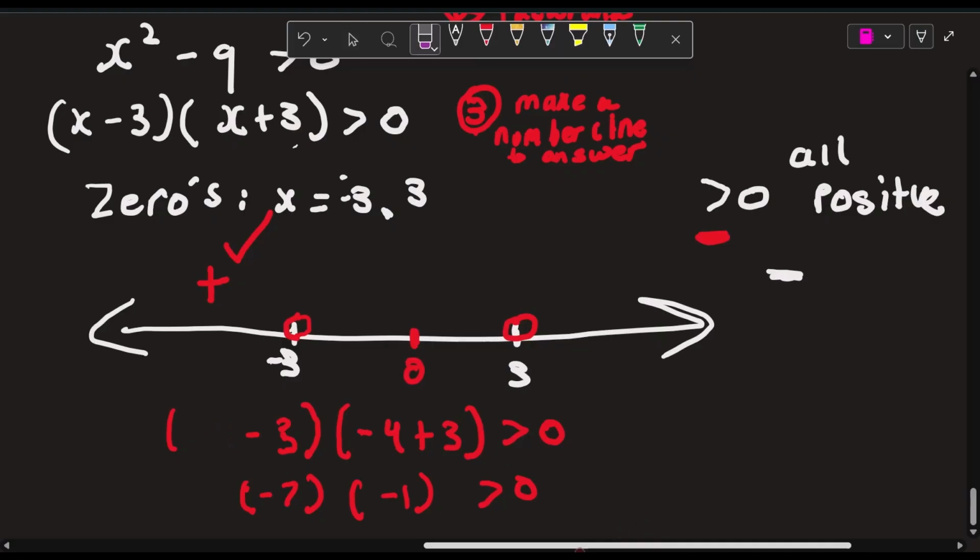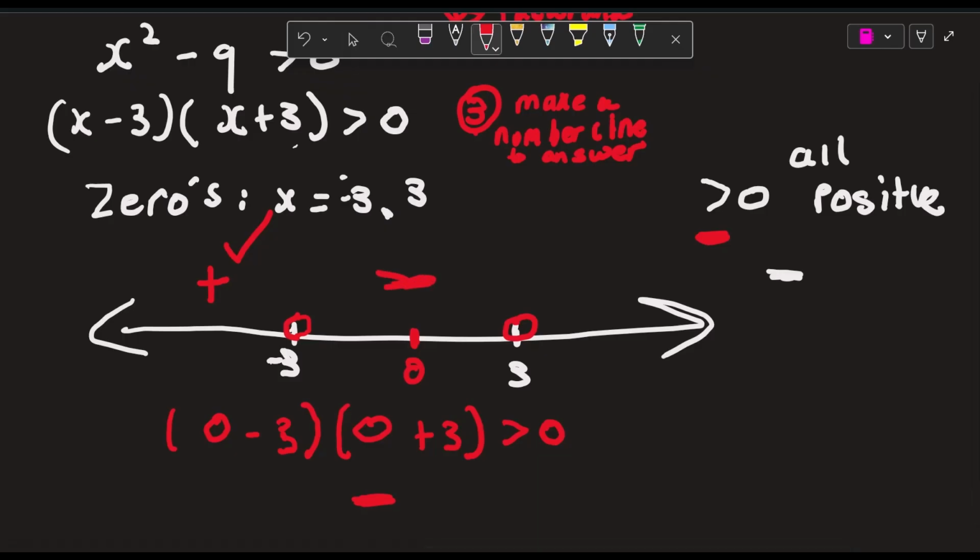So now let's try between -3 and +3. If I was to substitute, for example, 0 into the equation, we're going to get 1 positive and 1 negative. So that means it will be a negative, and this cannot be part of our equation because our inequality states it has to be greater than 0 or positive.